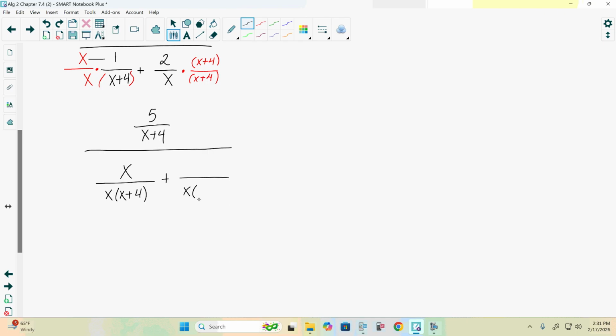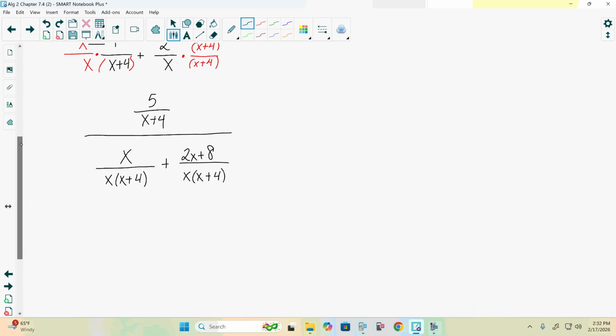Same thing's true with our other denominator, x times x plus 4. Now the 2 on top, we are going to need to multiply it through. 2 times x is 2x. 2 times 4 is 8.